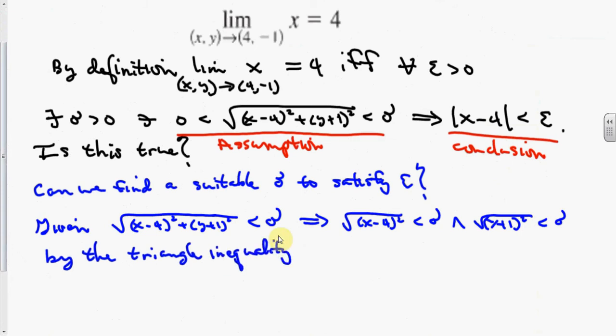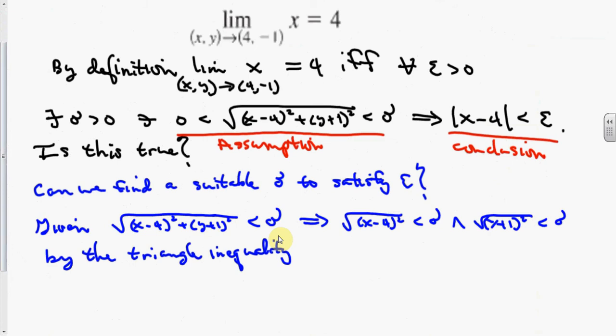The triangle inequality says, you recall from calculus 2, that if I have a triangle, the sum of two sides of any triangle is always greater than the third side. Right? That's the triangle inequality.